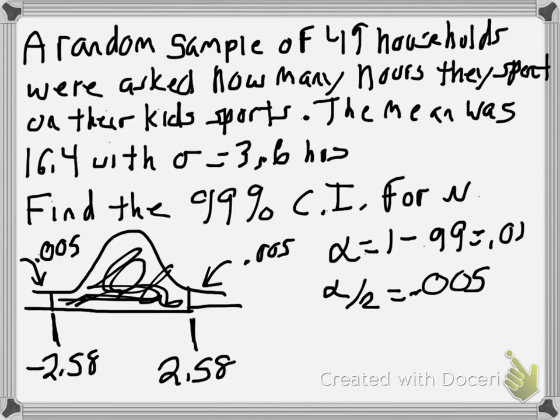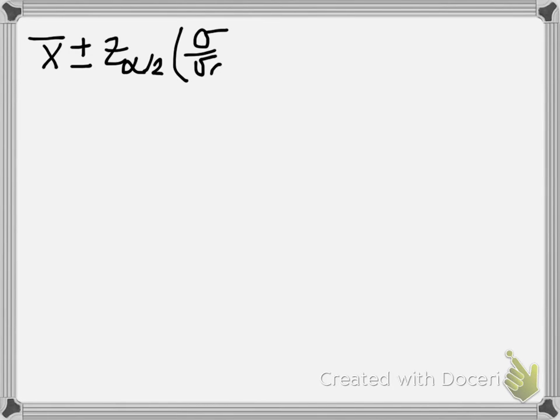So what does that mean we're going to do? Well, let's plug stuff into our formula. Remember, our formula is x bar plus or minus z of alpha over 2 times sigma over the square root of n.